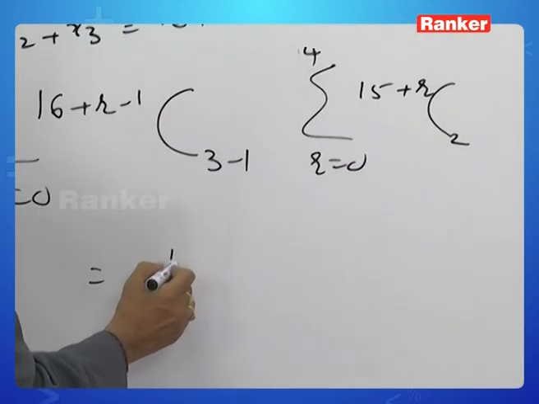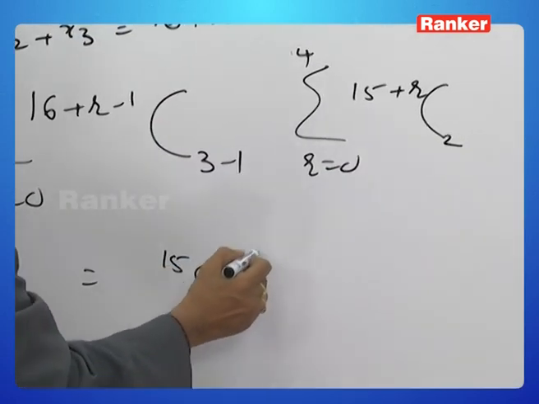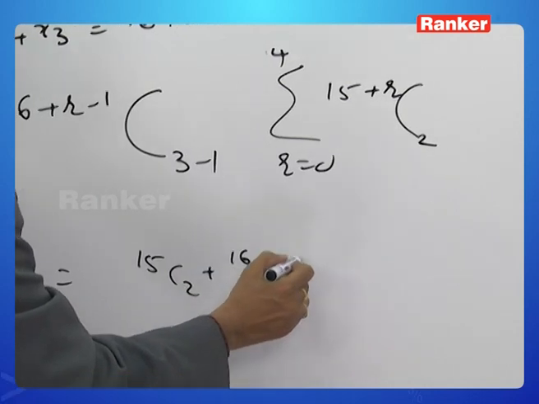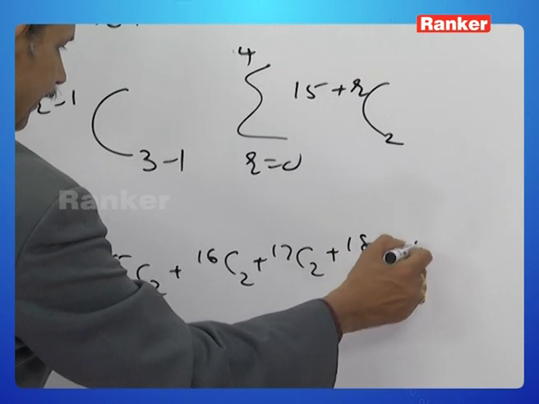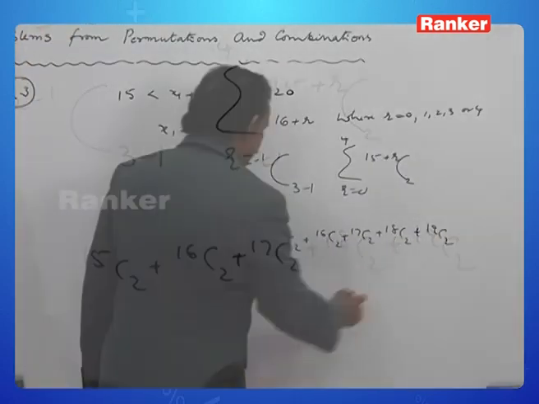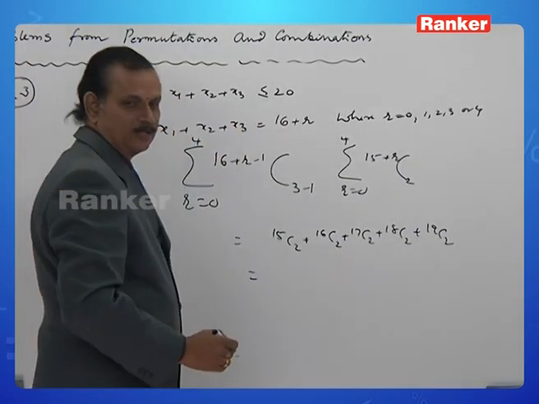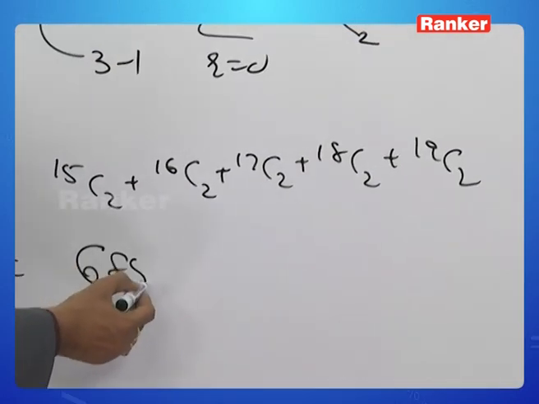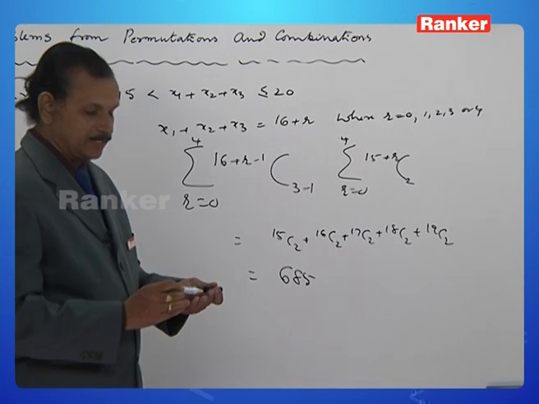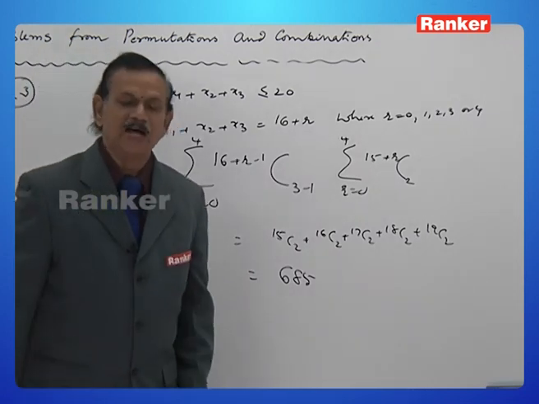If r = 0, it is 15C2, next 16C2, next 17C2, next 18C2, next 19C2. And if you add all of these, you will have the answer 685. That is the very first option, option A, is the correct answer.